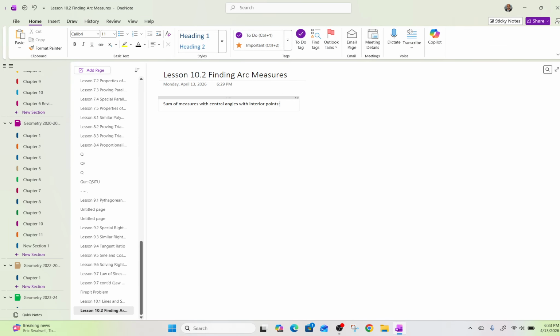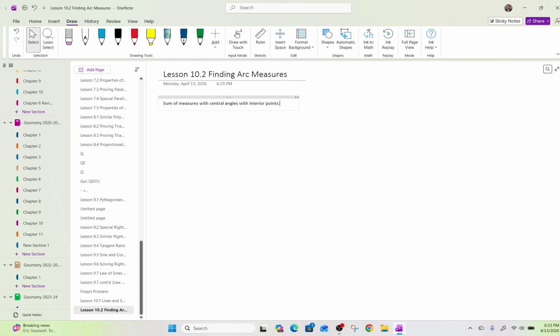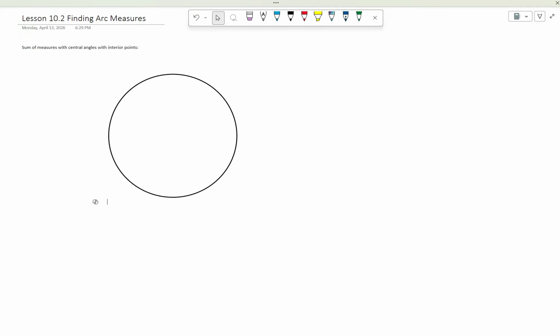We're going to start with some definitions. The sum of the measures of central angles with no interior points in common for a circle is the following. We're going to get back to radian measure a little bit later in the chapter, and we'll talk briefly about what a radian is, another way for us to measure angles, and I'll show you how you get that.